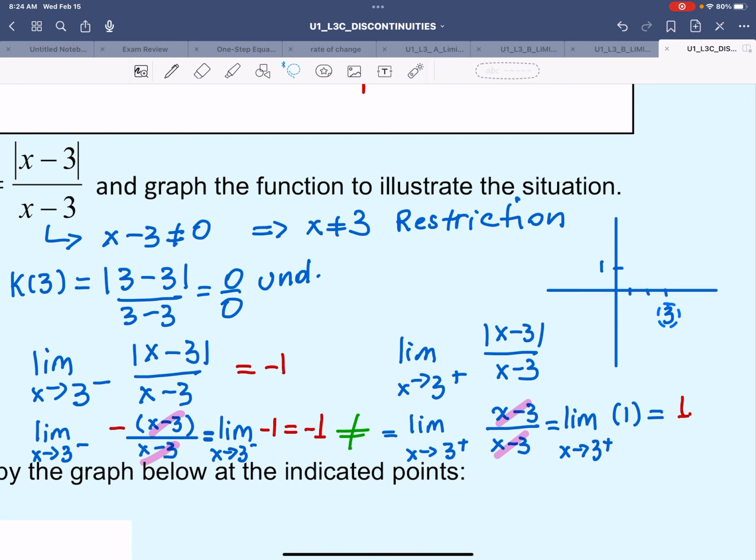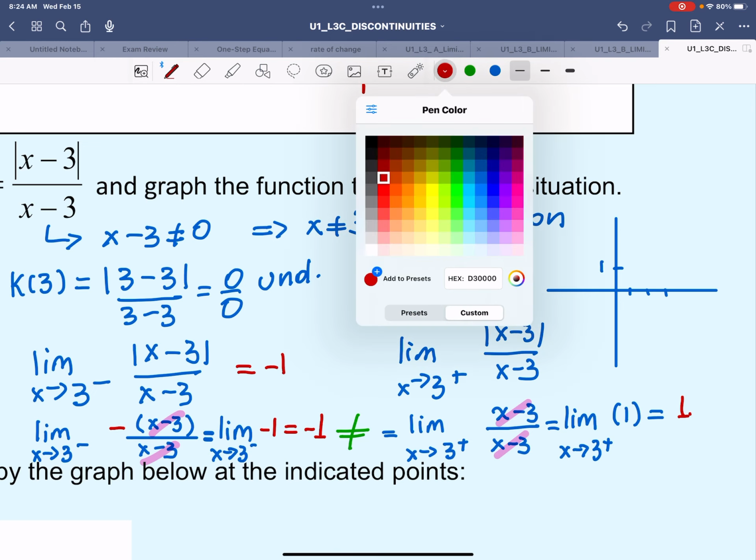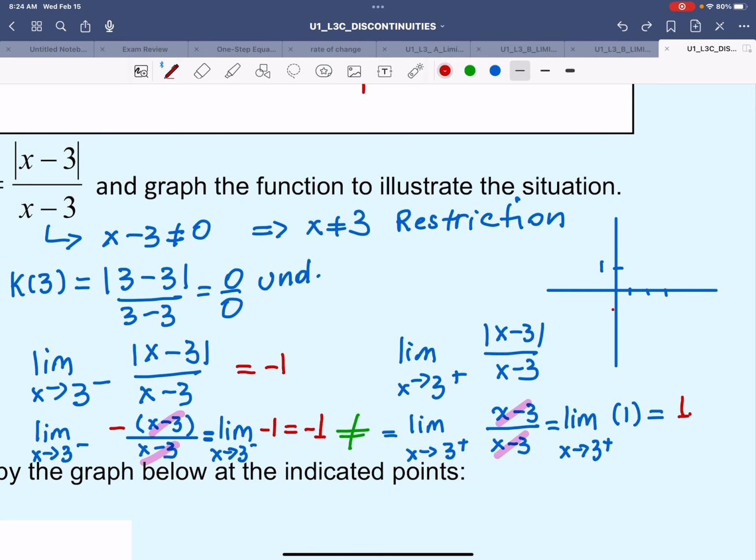So here is -1. The value of y will approach -1, and at x equals 3, it will be undefined.